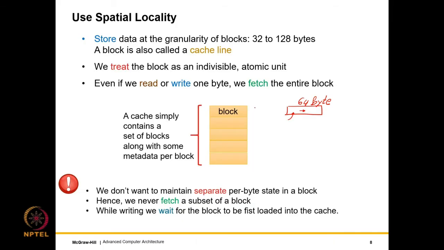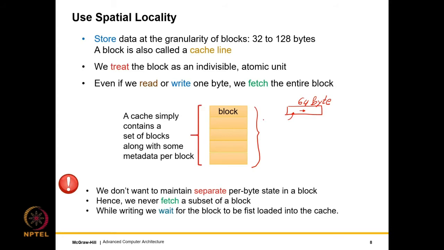A cache basically contains a list of the most frequent blocks that the program is expected to access. So the processor will access the cache with a very high likelihood, find the block within the cache, and then read or write the corresponding bytes.